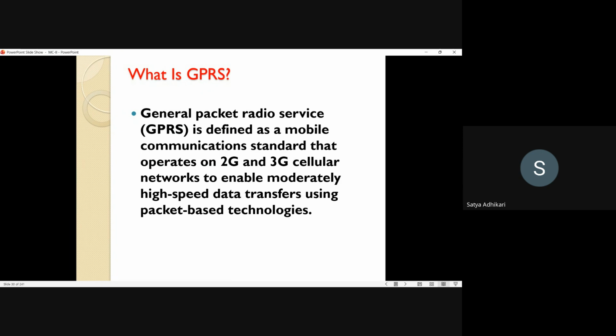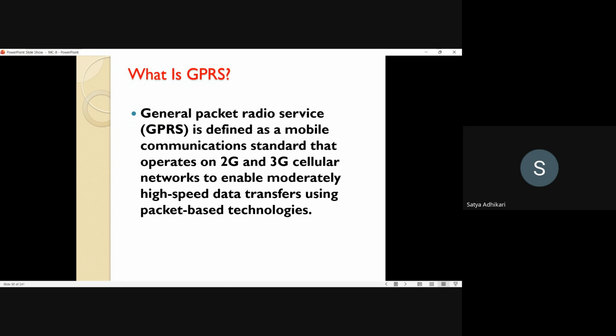After GSM, another network known as GPRS, General Packet Radio Service, is defined as a mobile communication standard that operates on 2G and 3G cellular networks. Now you know that nowadays you are using the 5G network in our mobile phones, the latest technology. But the GPRS standard operates on 2G and 3G cellular networks to enable moderately high speed data transfer using packet based technology.